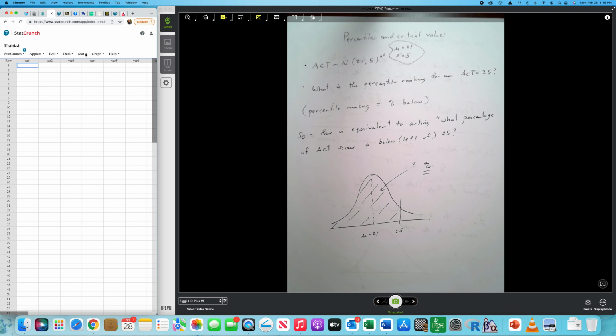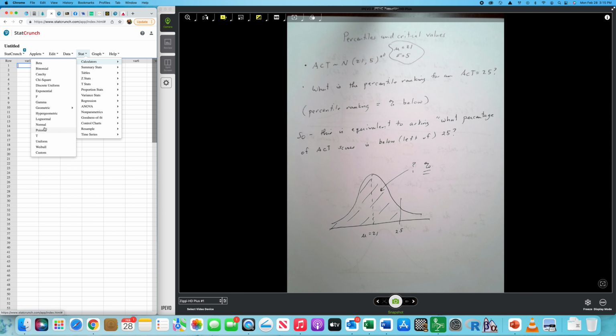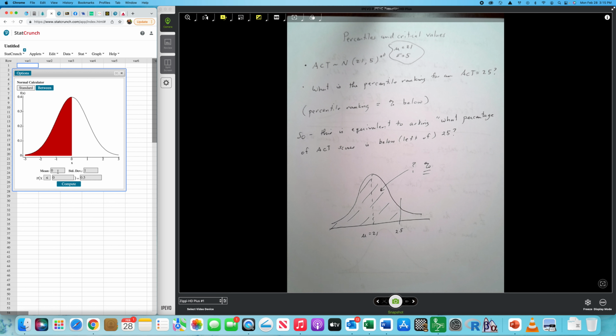We should know now that that's really easy to do with StatCrunch. Just go to the normal model, put in the correct mean and standard deviation. We want below, so select less than, and I want below 25.